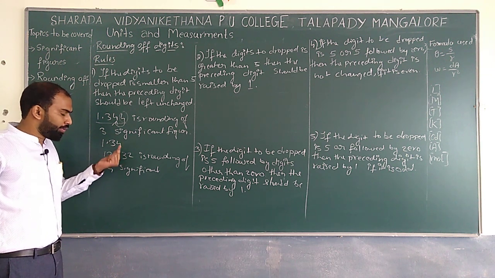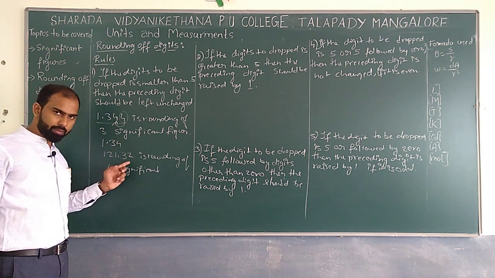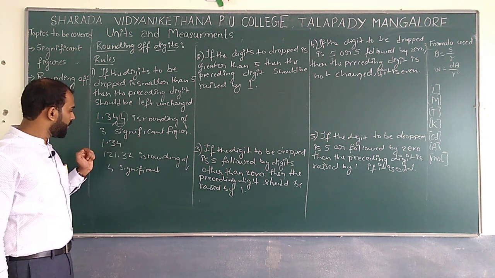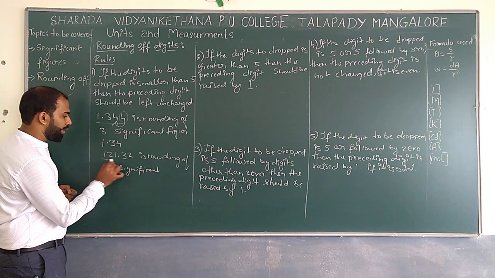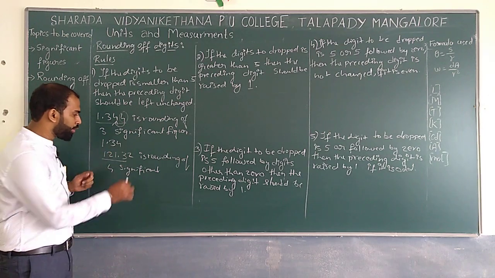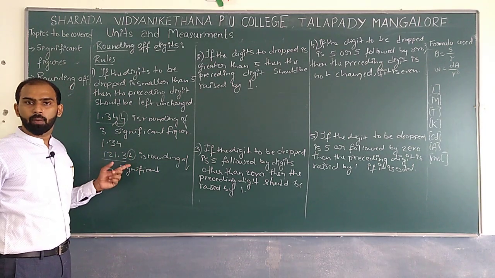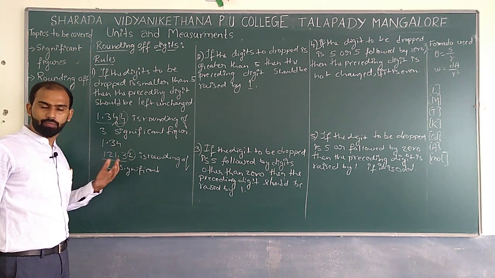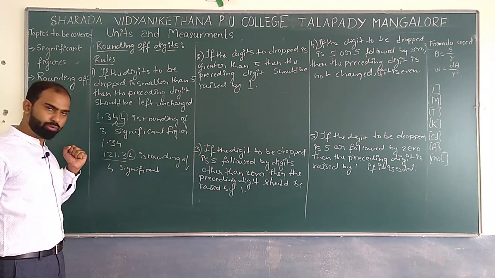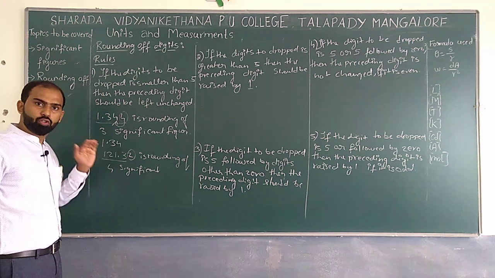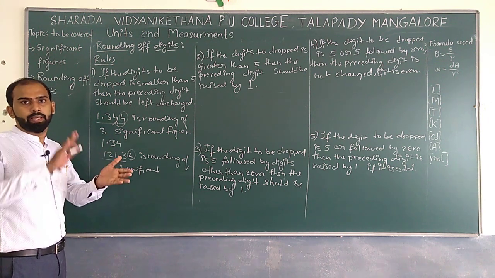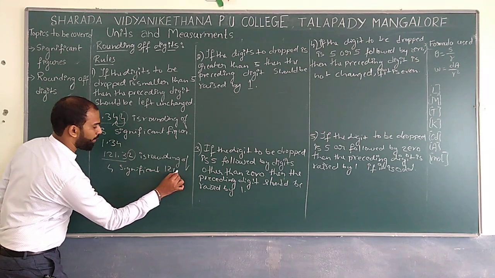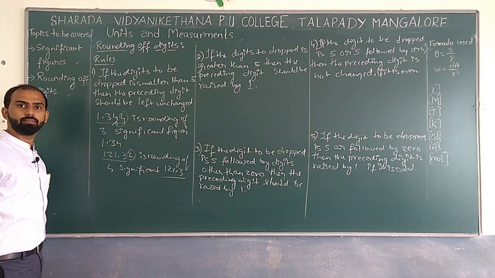That is 1, 2, 3, 4, 5 are there, because 1 is MSF and 2 is LSF. Correct? So now your job is to round off to only 4, and you are supposed to drop this 2. While dropping, you have to check whether this 2 is lesser than or greater than 5. If it is lesser than 5, what are you supposed to do? The previous digit should be retained as it is, in the sense, kept as it is. So 121.3 is the answer. Are you getting?